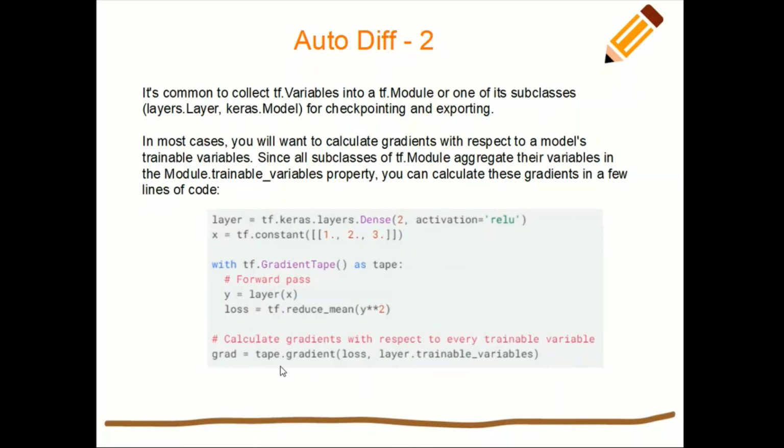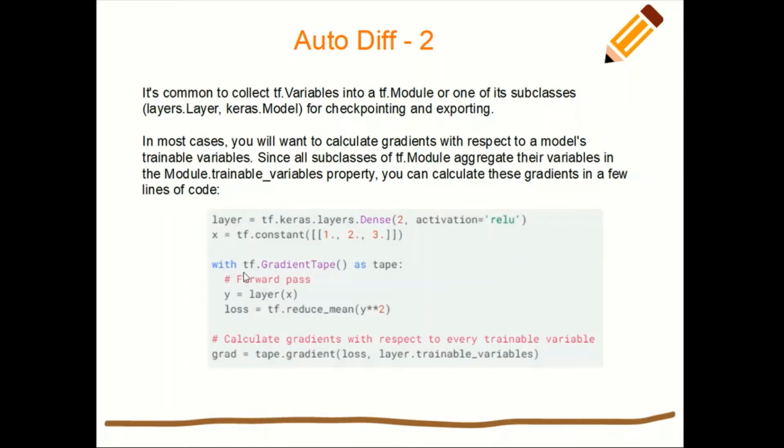So if we want to differentiate and calculate the gradients of all the trainable variables, we can simply use tf.Module.trainable_variables, or in this particular case we are using a layer, which is also a subclass of the module. So we have created a layer here from tf.keras.layers.Dense, and then we are just using the trainable variables of that particular layer.